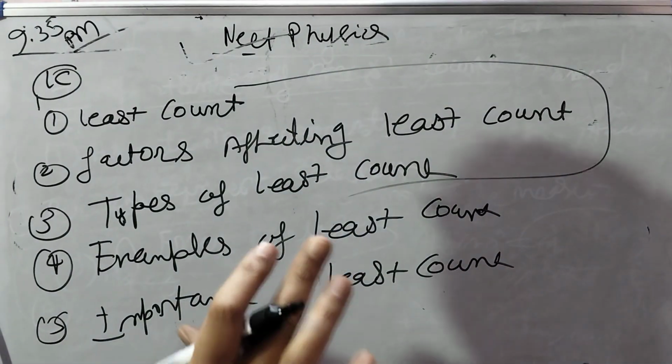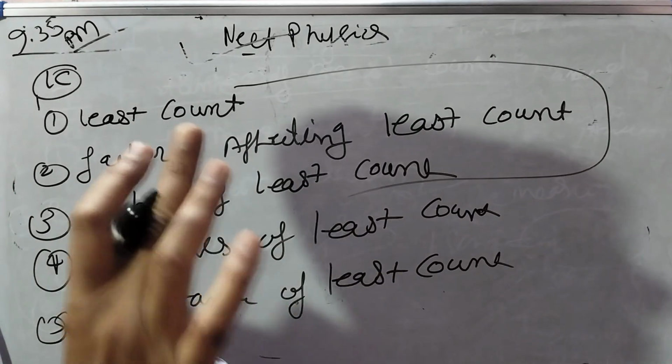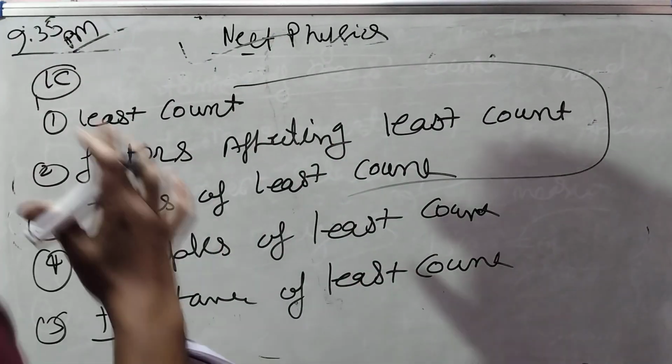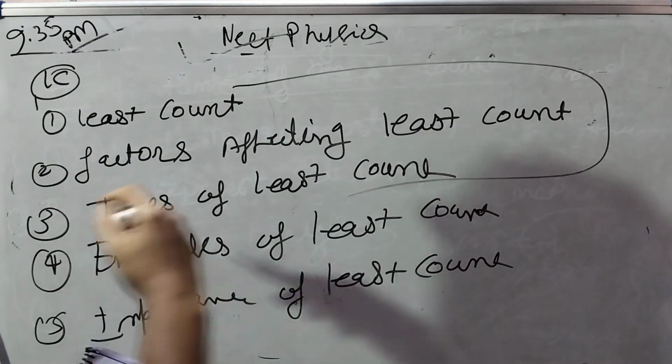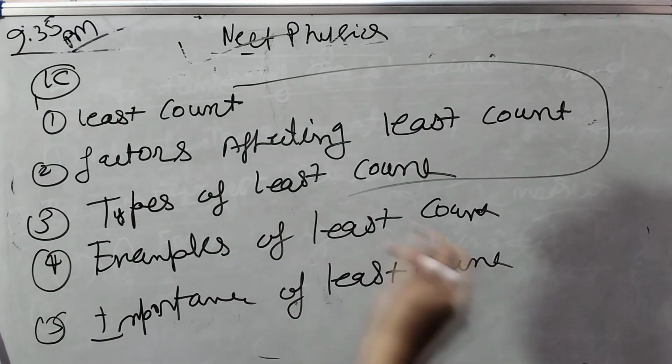Unit 1 is physics and measurement, and the sub unit is least count. So least count, factors affecting least count, types of least count, examples of least count, and importance of least count.